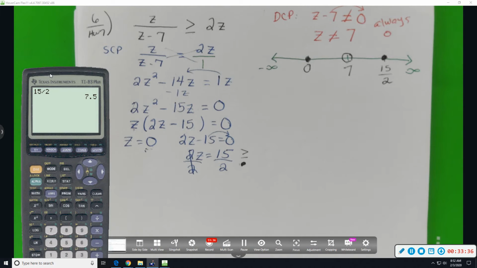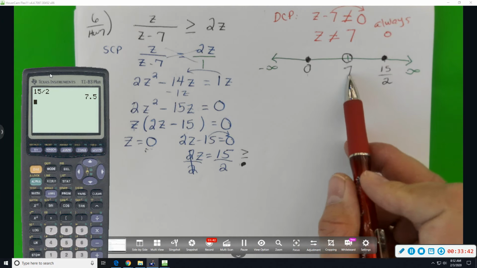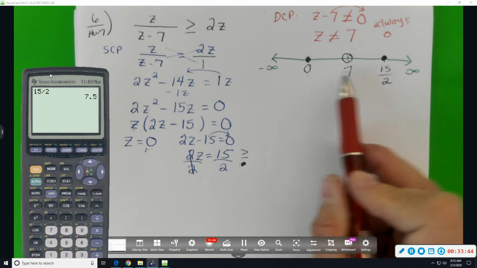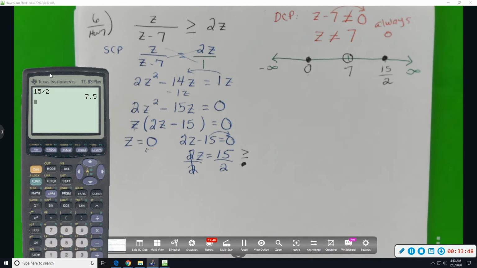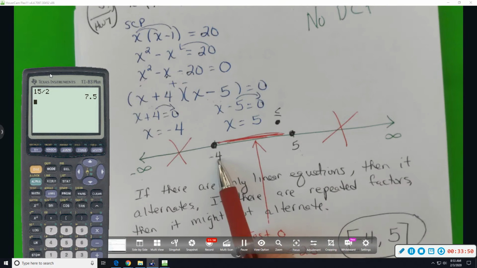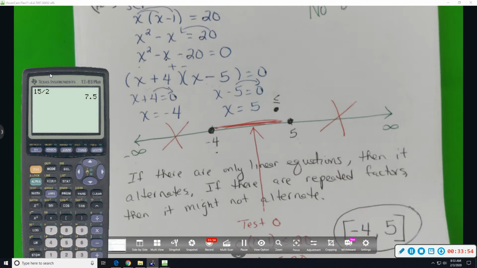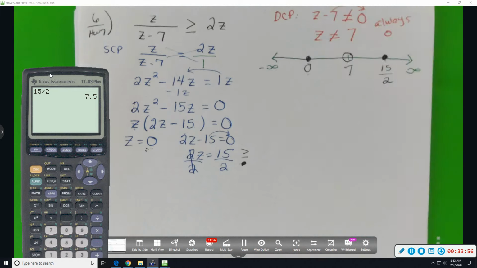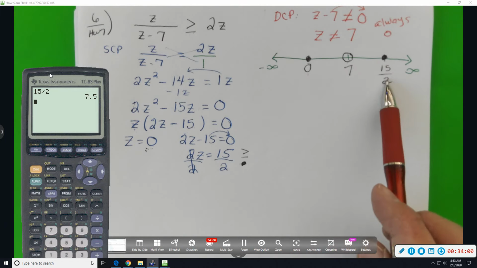Well, we can't use 0. It's a cut point. We can't use 7. We can't use a cut point to test. Like on this one over here, you couldn't have used negative 4 or 5 to test. You can't test the cut points. So choose any number other than 0, 7, or 7.5.